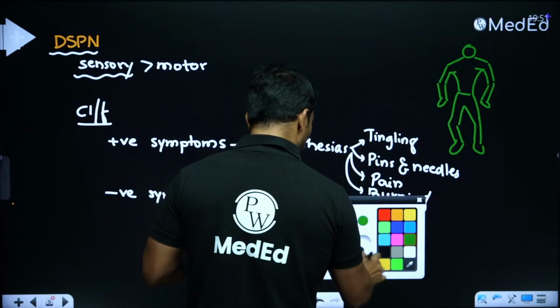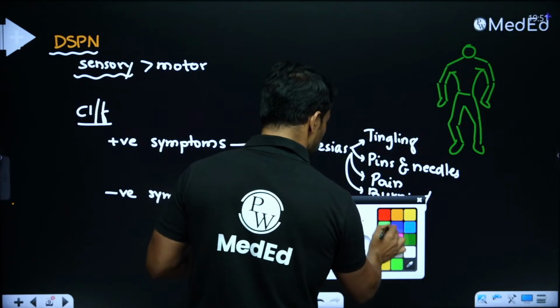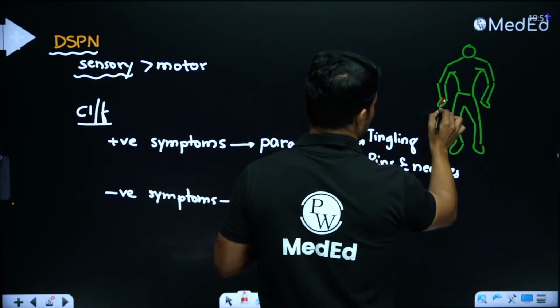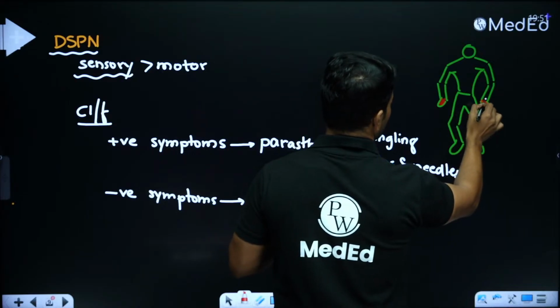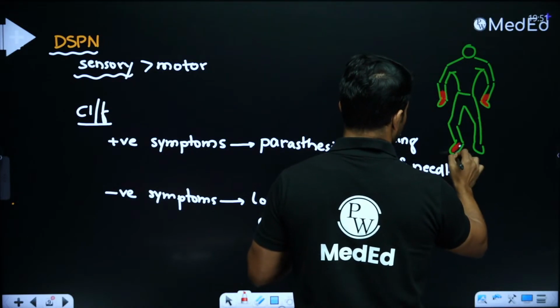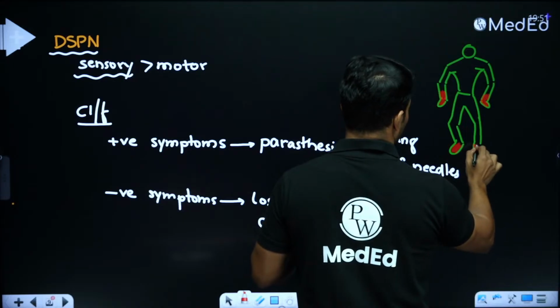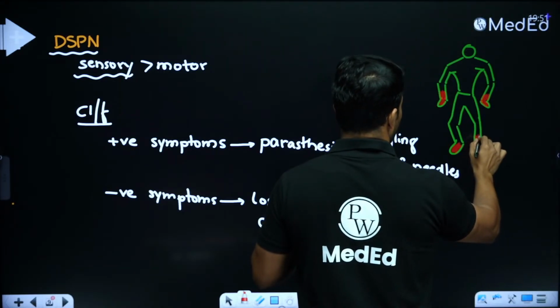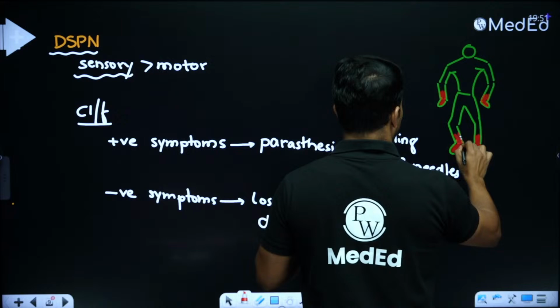So where is the involvement going to happen? They will lose the sensations in the hands, maybe a little bit in the forearm, in the feet, and maybe it will extend into the legs.